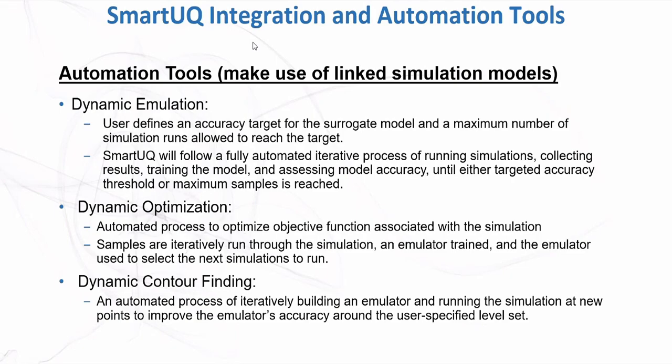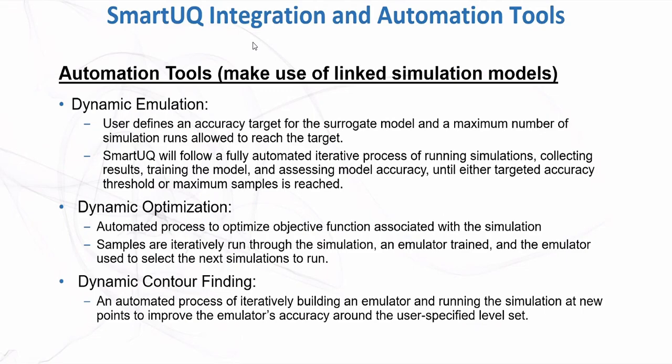And SmartUQ is going to follow a more fully automated process of asking the simulation to collect some data, training a model with that data, deciding if the model is accurate enough, and if it's not, it's going to employ some of our intelligent techniques like the adaptive design I mentioned before to ask the simulation to collect extra data and then repeat that process until either the desired model accuracy is achieved or the maximum data collection limit is reached.